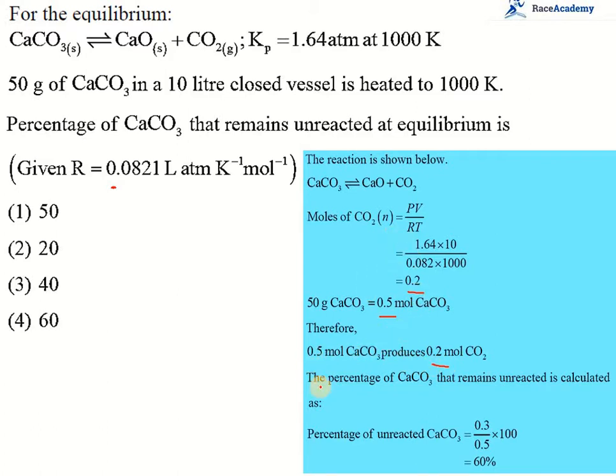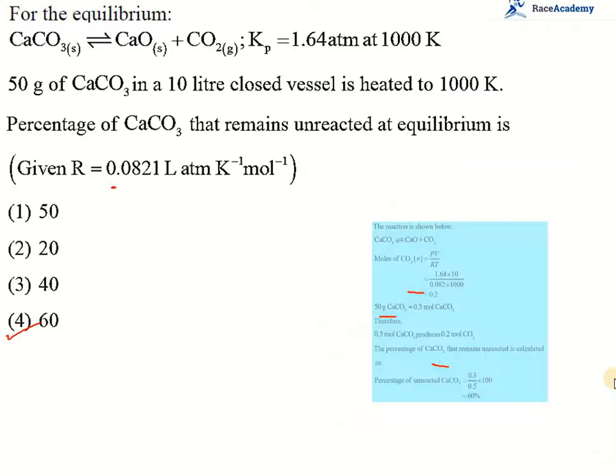Therefore, the percentage of calcium carbonate that remains is 0.3 divided by 0.5 into 100. So the percentage of calcium carbonate unreacted is 0.3 by 0.5 into 100, so 60% we got. So the fourth option is the right option.